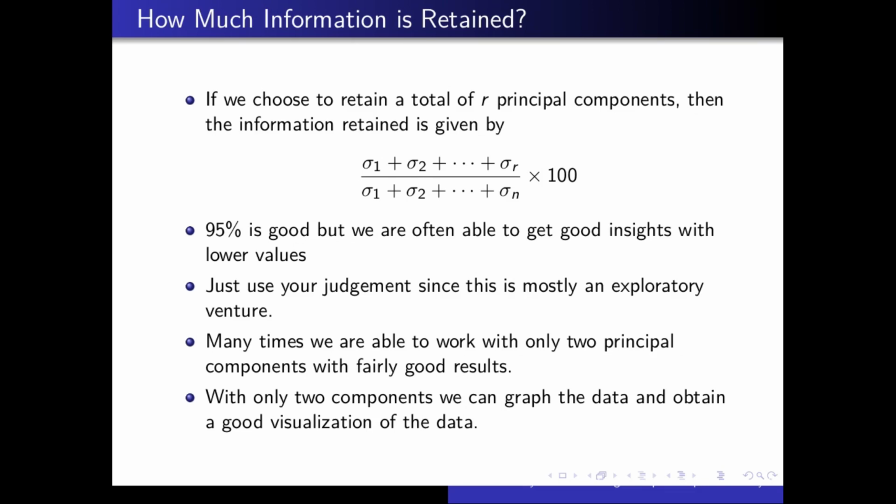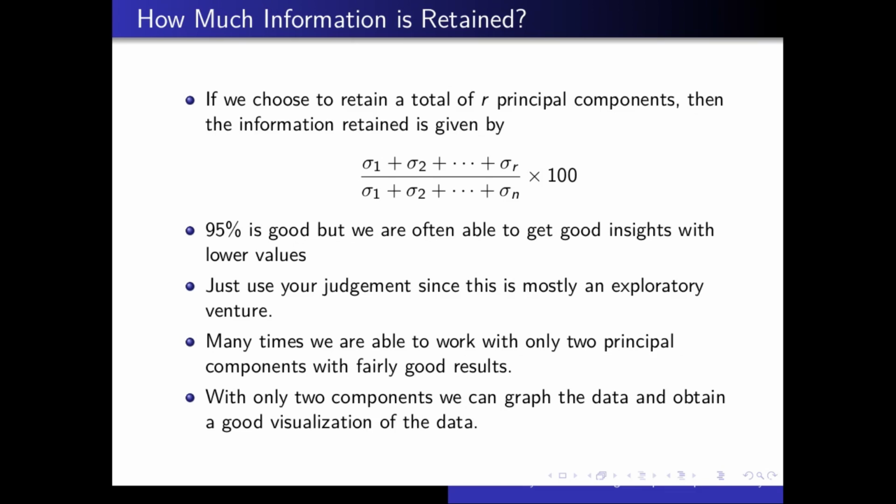Then you multiply this by 100, so we'll get some percentage. Usually 95% is good, but we may not always get 95%, and we can still get fairly good insights with lower percentages. You just have to use your judgment, because what we are doing here is mostly an exploratory venture and looking for patterns.